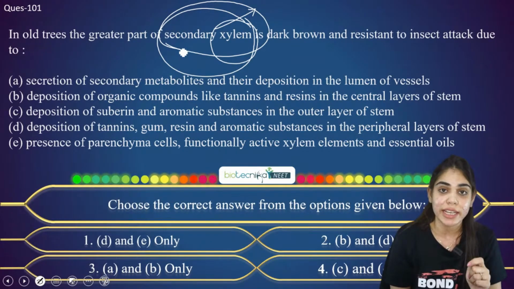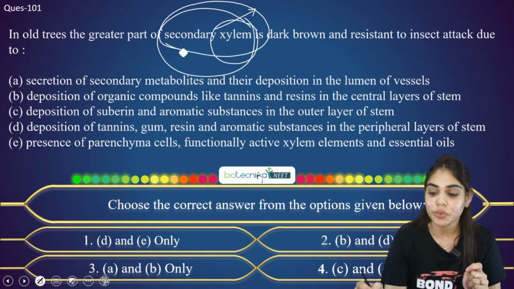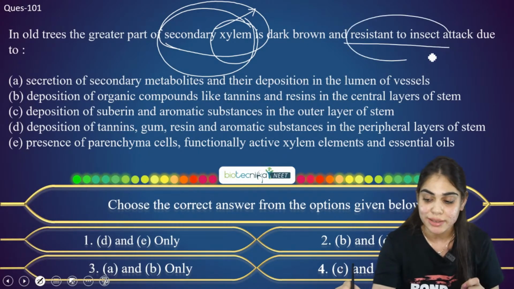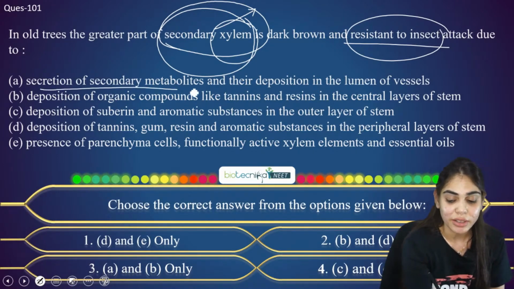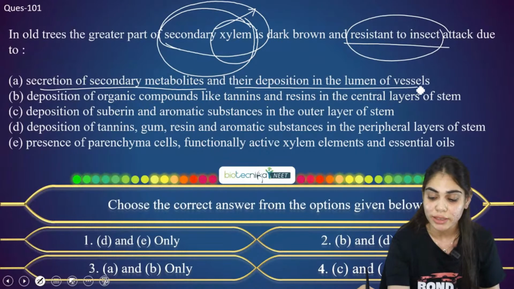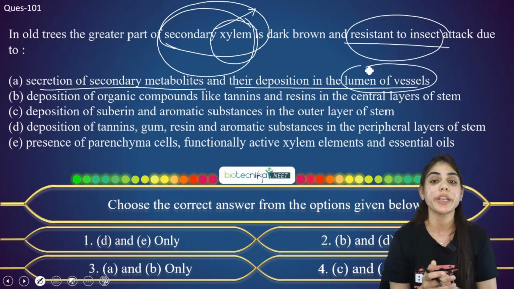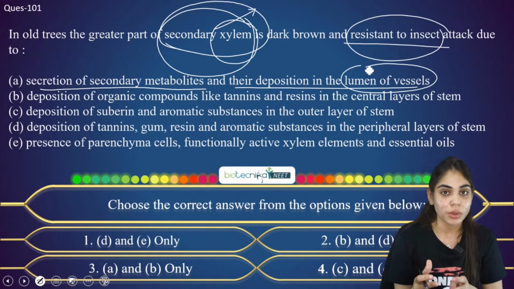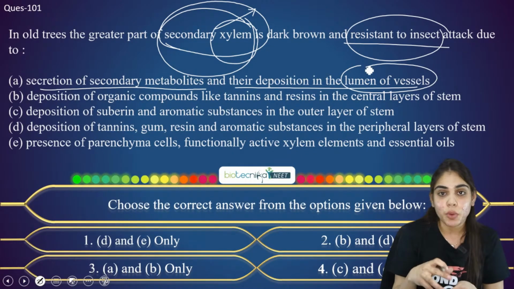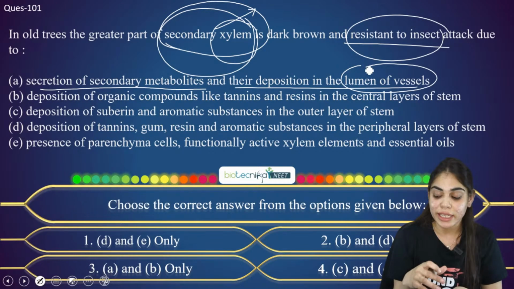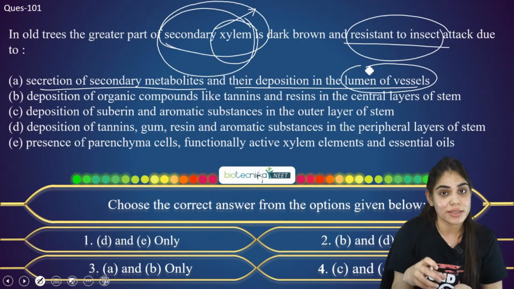Once this secondary growth is happening in the plant, it will cause the plant to be resistant to insect attack. One more point to note: this is caused due to the deposition of aromatic compounds or secondary metabolites synthesized by the plant itself. These metabolites get accumulated inside the stem.